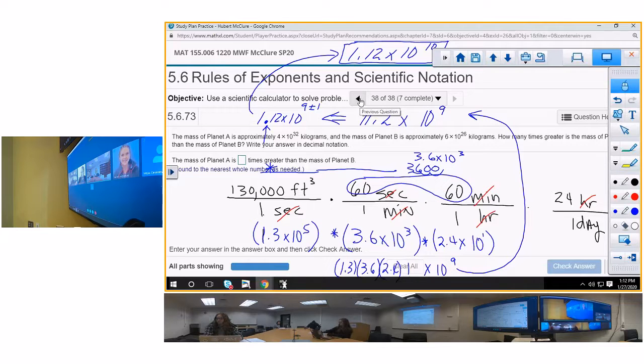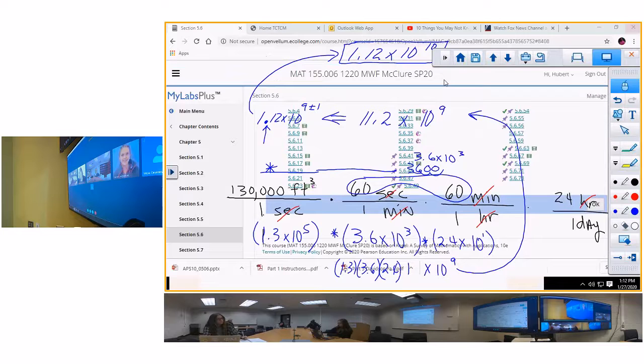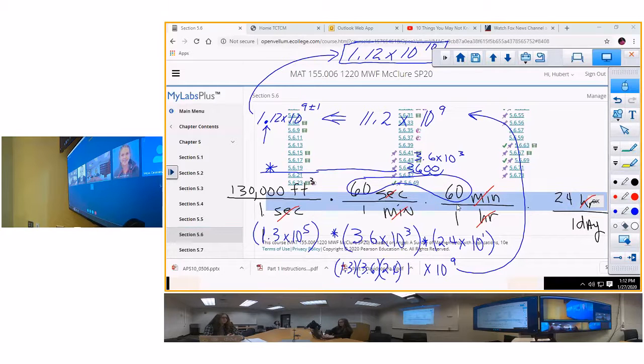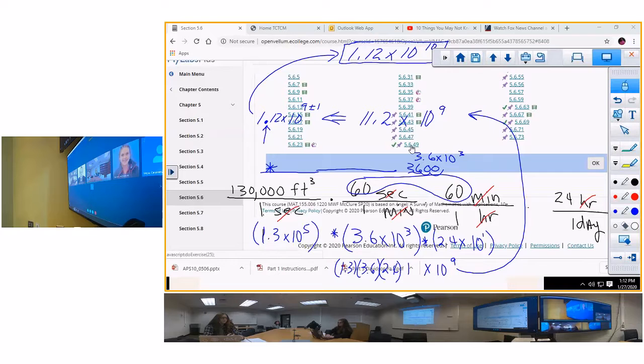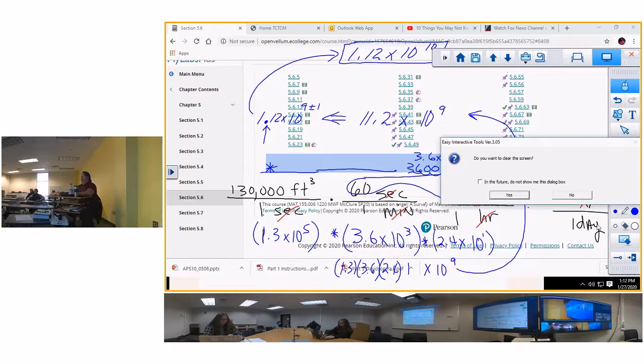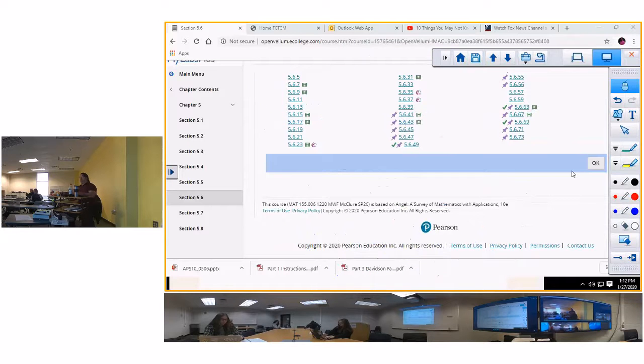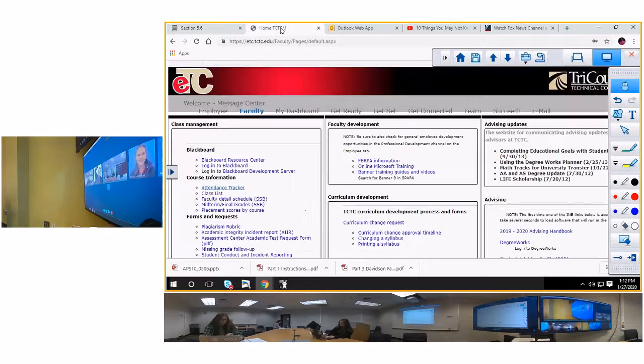Go over here, chapter contents, find the chapter, 5.6, and do those last 4 or 5 problems. If you can do that whole study plan and not get them wrong, you're good for the test as far as 5.6. And you should be able to ace your homework also. Okay, I'm going to cut off the handy-dandy recorder.